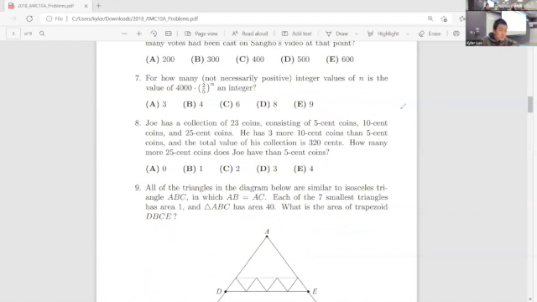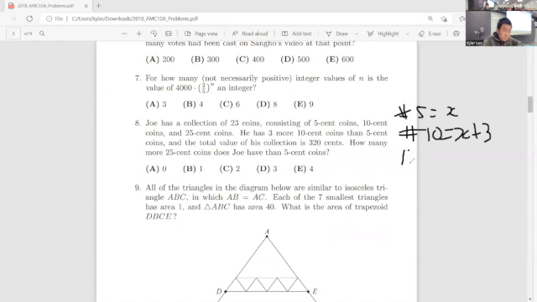Okay, so we could say the amount of 5-cent coins is X. So that means the amount of 10-cent coins has to be X plus 3 by this part.